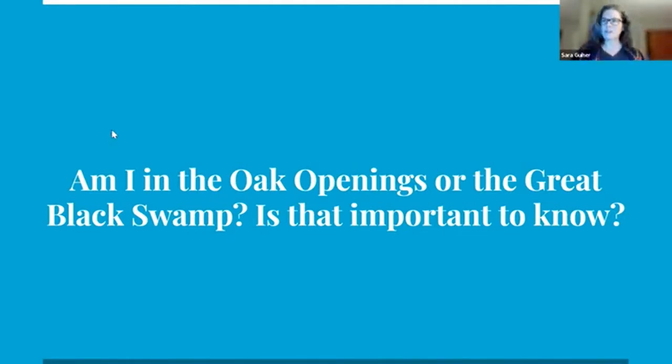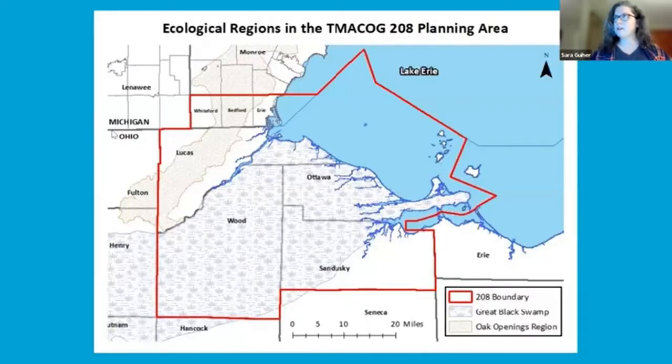All right, so the first question that I am going to answer is, am I in the oak openings or the Great Black Swamp? And is that important to know? I had planned to do some GIS work and make my own map, but I did not get to that.